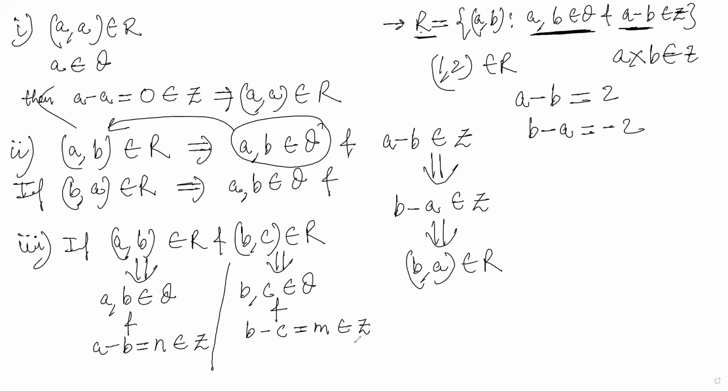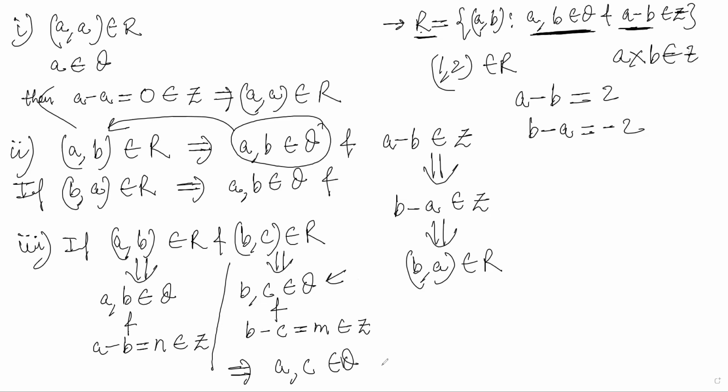Sir, we can see that B comma C belongs to Q. Yes. So clearly from these two, I can say that A comma C must belong to Q, because A is in Q from the first part and C is in Q from the second part.